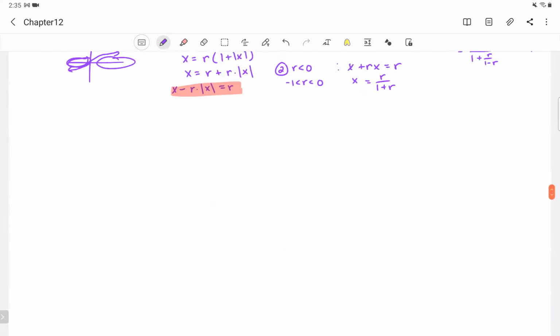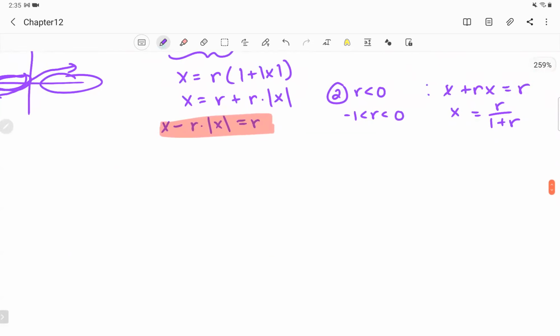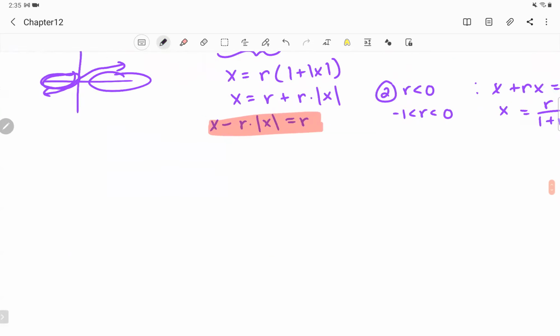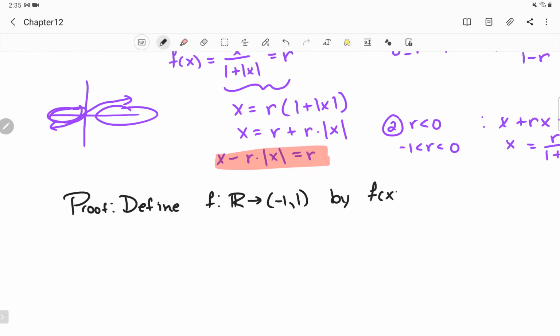Okay, let's put this into a proof. And I know you're going, you left so much space. It's just because that scratch work took half of it, right? So, all right, so proof. Define, so we'll rewrite it. Define f from the reals into -1, 1 by f of x equals x over 1 plus absolute value of x.